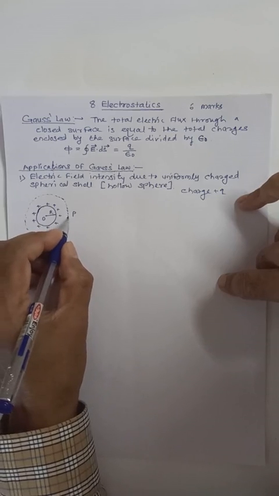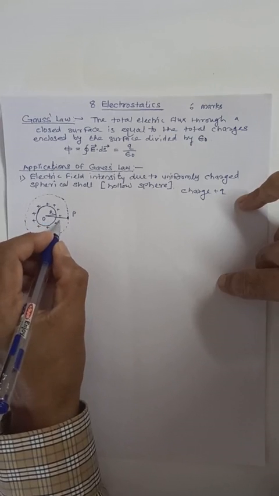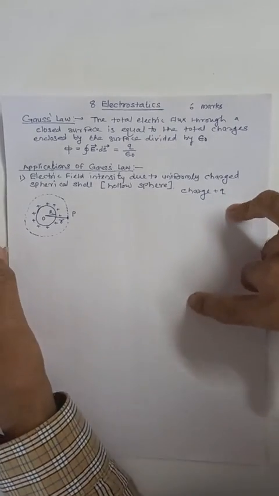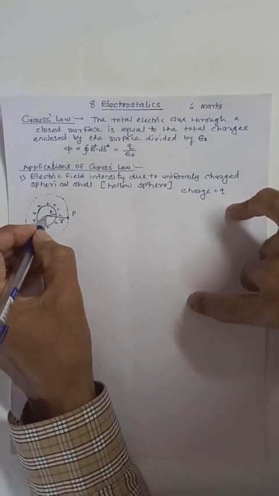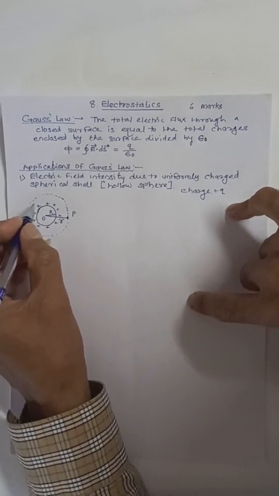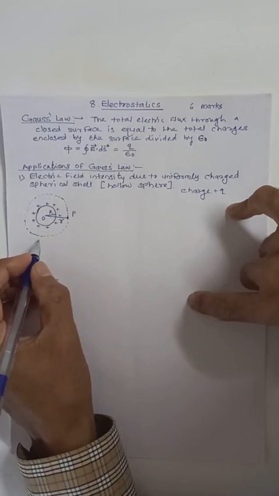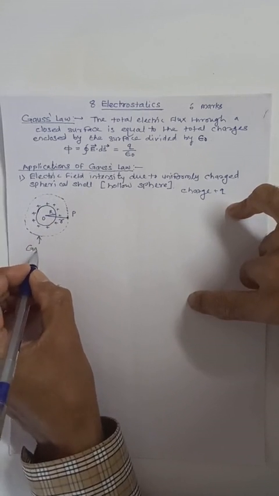The radius of the outer sphere is suppose small r. Because of the symmetry, this sphere is also called Gaussian surface.